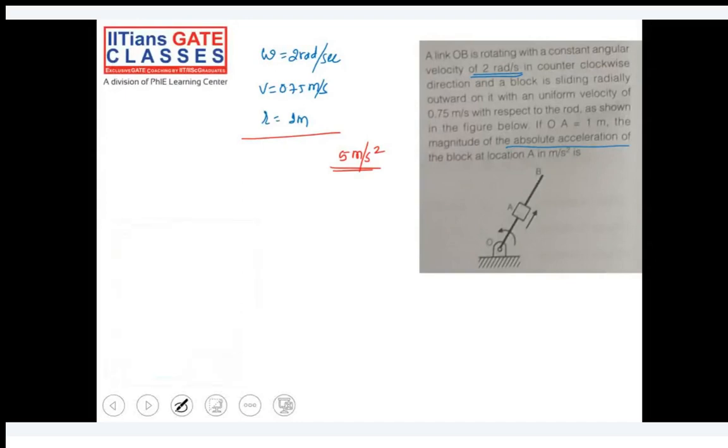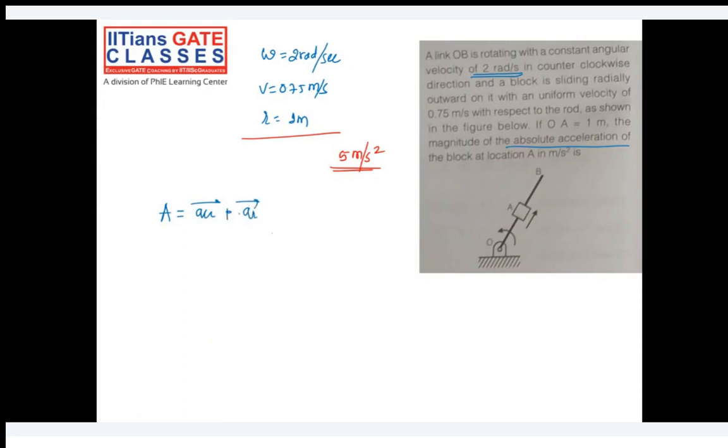Yes. Tangential acceleration is 0 in this case. That's correct. But we have two components here. One is the Coriolis component of the acceleration, and we have the centripetal acceleration, which is r omega square. So you can just directly say total acceleration at point A is equal to the Coriolis component of the acceleration plus radial acceleration.